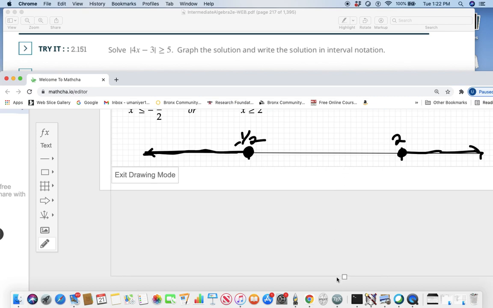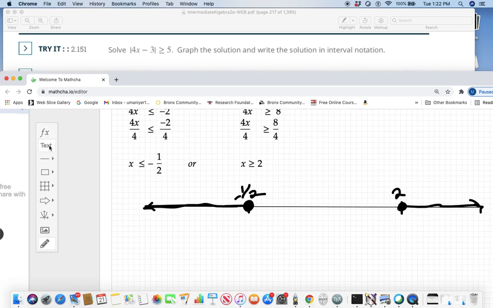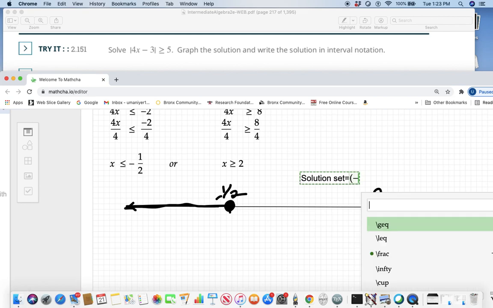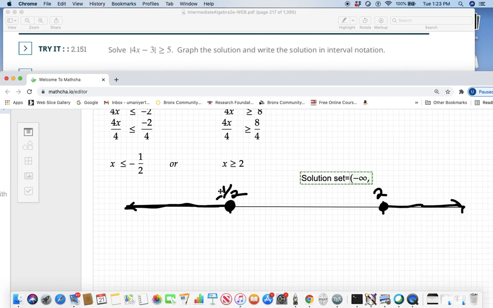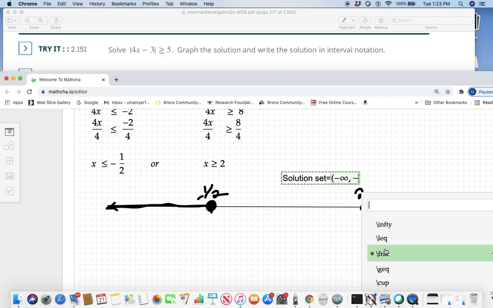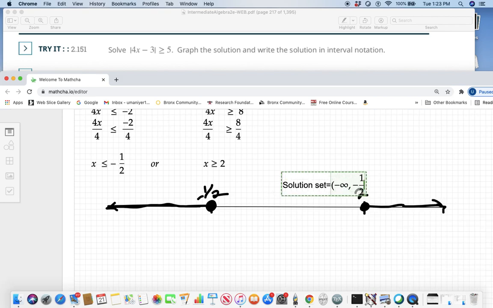So once you have this far, you are ready to write the solution set in interval form. So solution set is, the first piece starts here, negative infinity until negative half. Bracket.